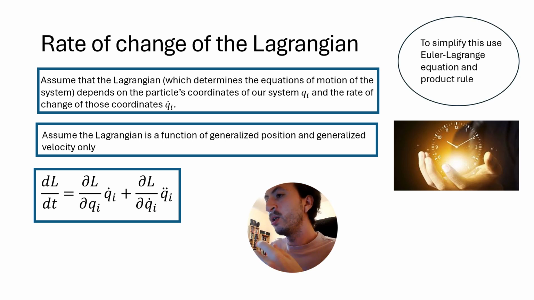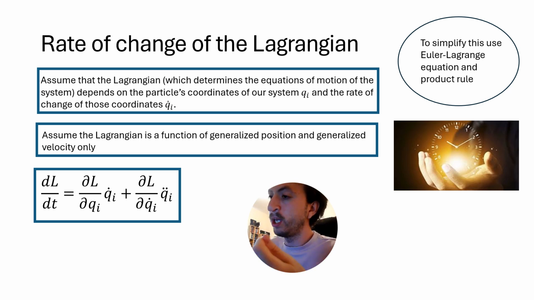Now, the Euler-Lagrange equation is essentially the version of the idea that a particle would like to have a stationary action for its trajectory, but under the assumption that the Lagrangian depends on Qi and Qi dot. That idea actually simplifies to something called the Euler-Lagrange equations.